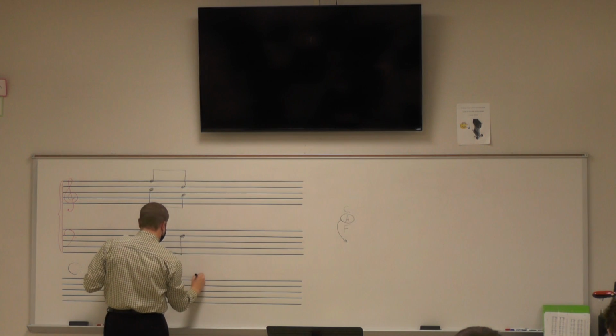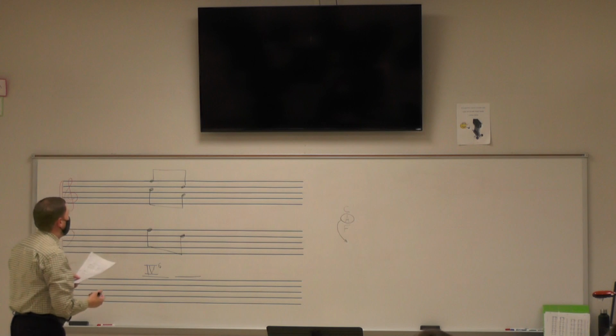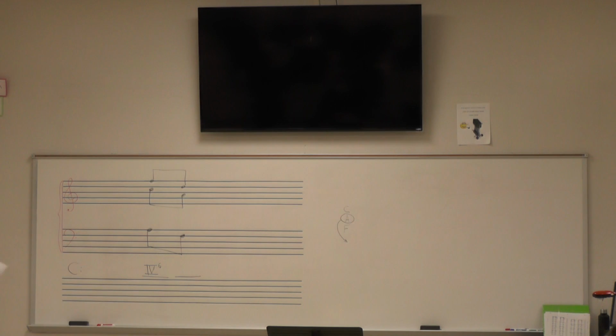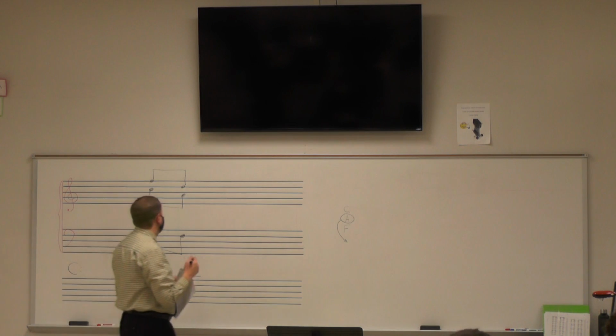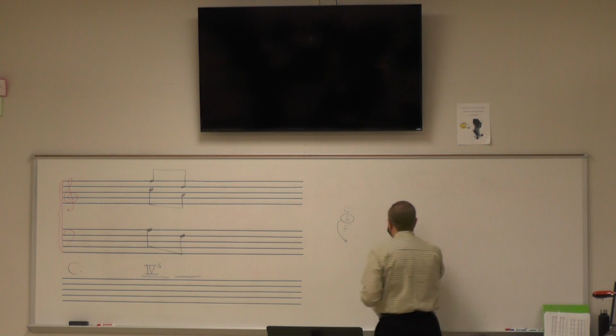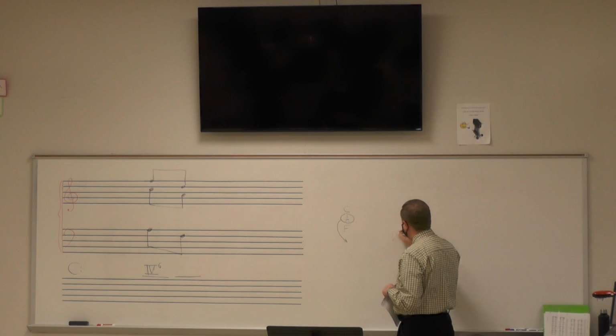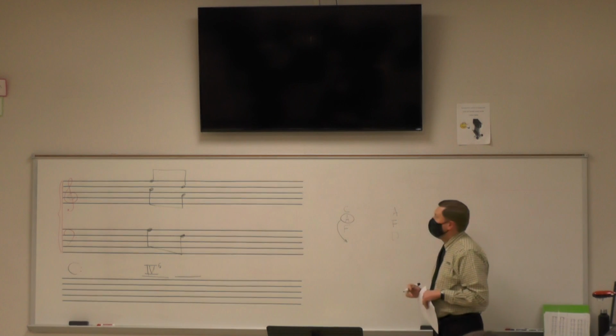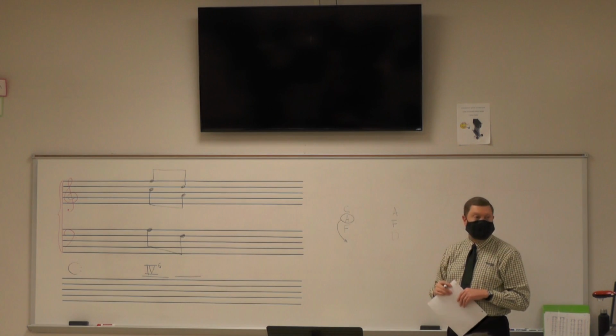So again, a 3-note chord, so that makes it a triad. In my mind, if I rearrange it so that it's in root position, the D needs to be on the bottom. That would tell me that D is the root, that F is the third, and that A is the fifth of the triad.